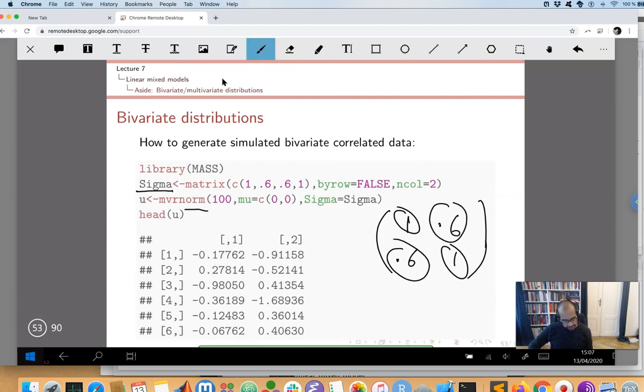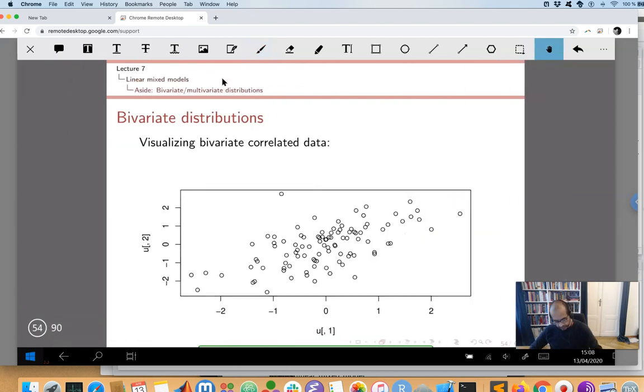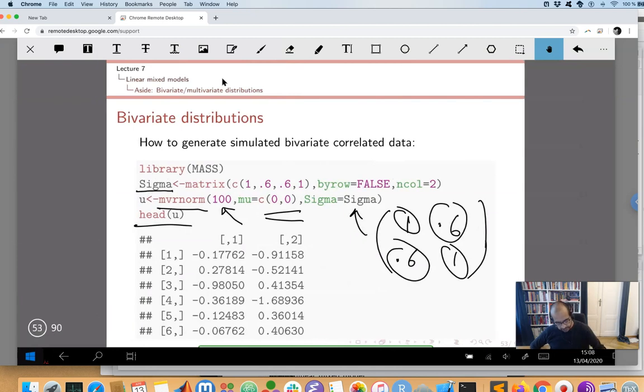I'm using the mvrnorm function to generate 100 data points. The means of the two random variables are 0, and this is the variance covariance matrix. I can produce that data, which I've summarized here, and I can also graphically plot it, and you can see that there's a positive correlation over here. I could generate data with a negative correlation by changing these numbers to minus 0.6.